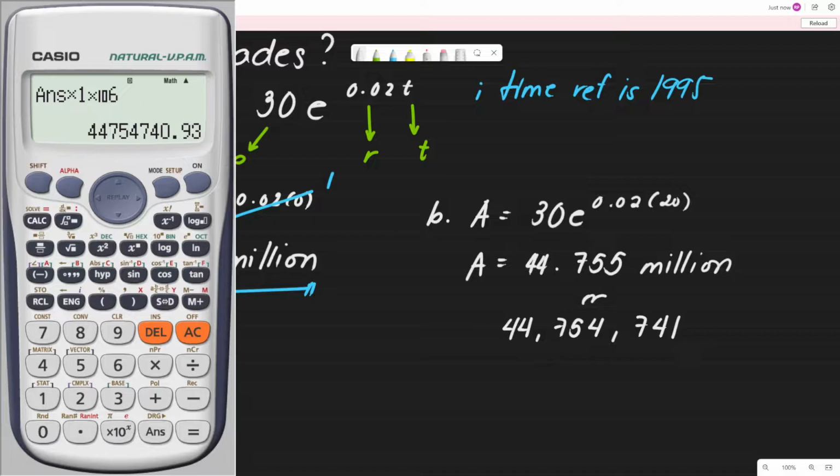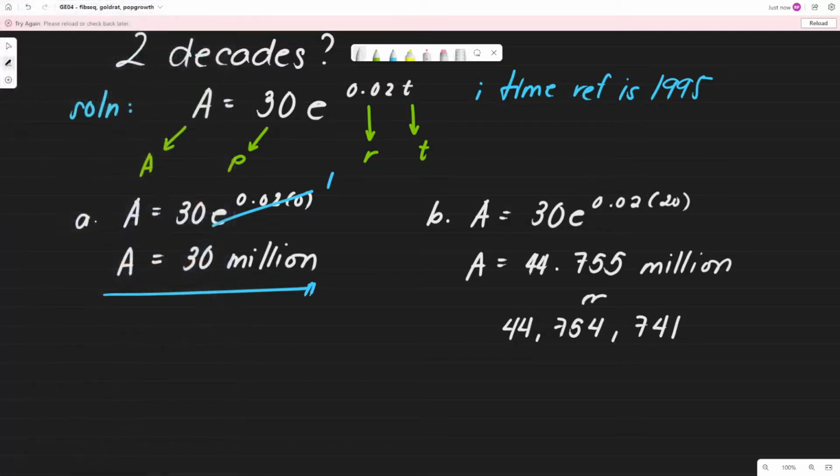So I'm just going to round it up and count the decimal as 1 person. So this is our answer. That's how we compute for population growth and decay.